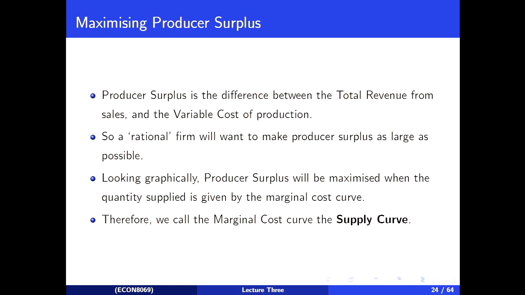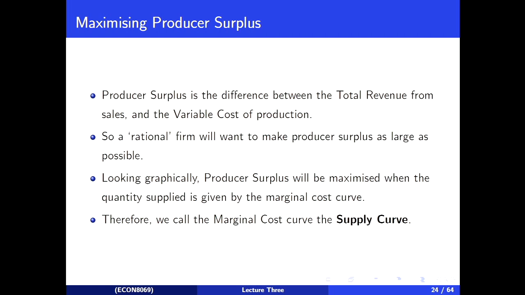Profit, we use pi for profit in economics. This is a pi for profit. Profit is revenue minus total cost. That means the difference between profit and producer surplus is just the fixed cost.